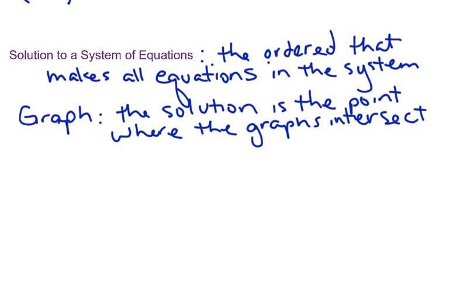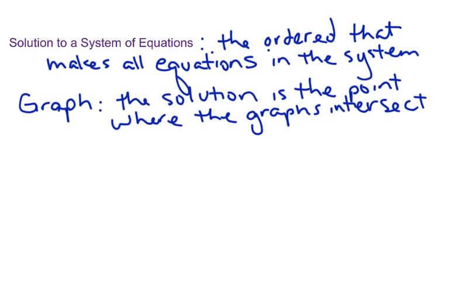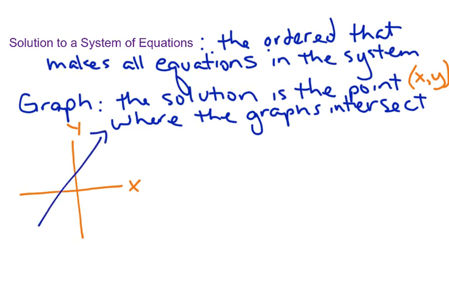All right? So now let's think about this. A point on a graph is going to be an ordered pair, an xy value, right? So let's come down here and draw an xy coordinate plane. Here's line 1. Here's line 2.